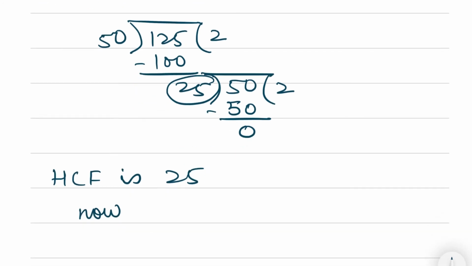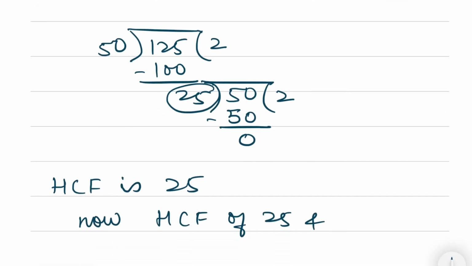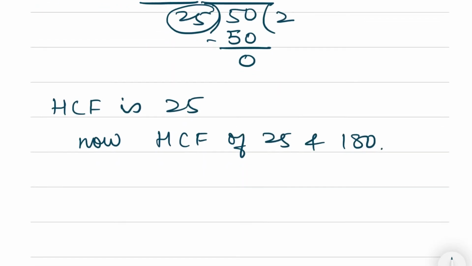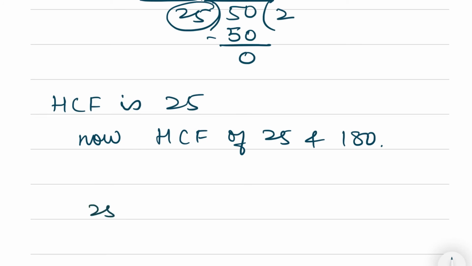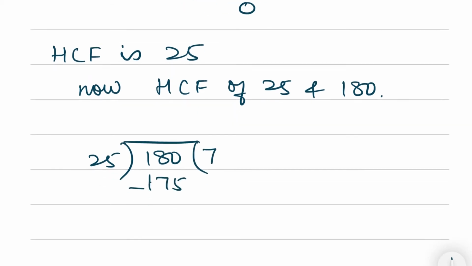Now the HCF of 25 and the third number, 180. So now again the smaller number and the greater number. 7 times 25 we get 175.